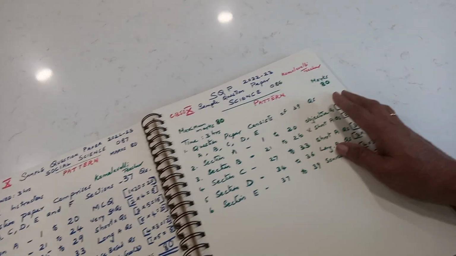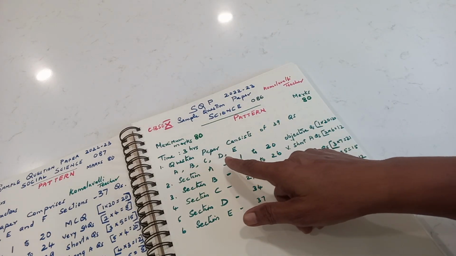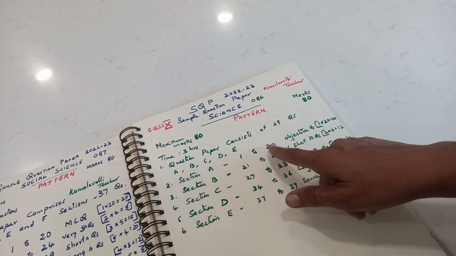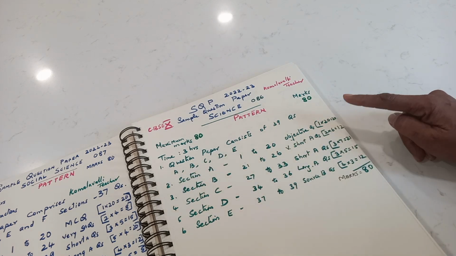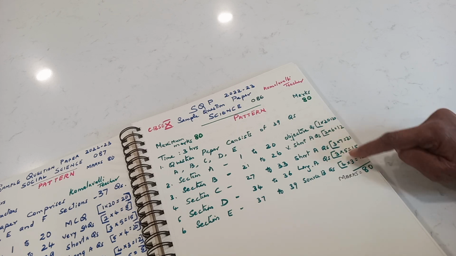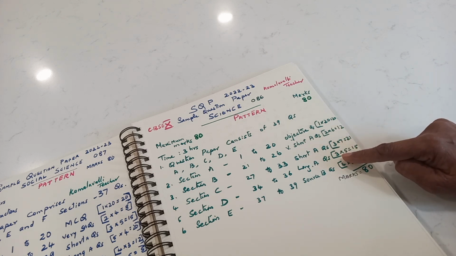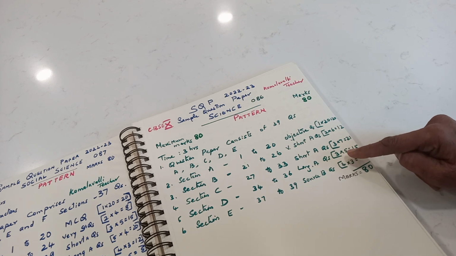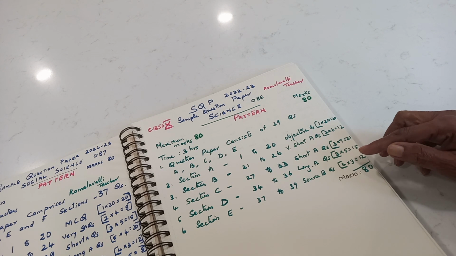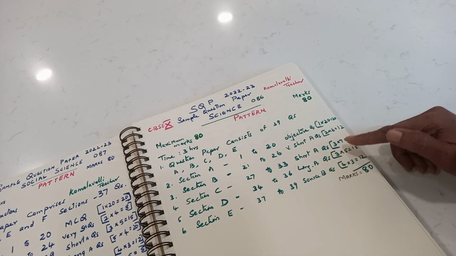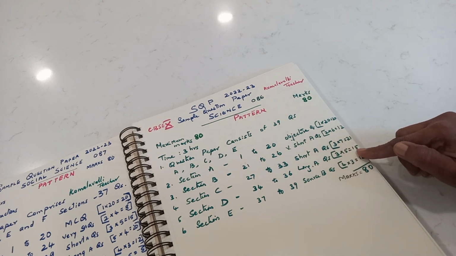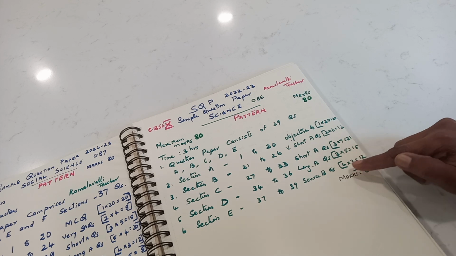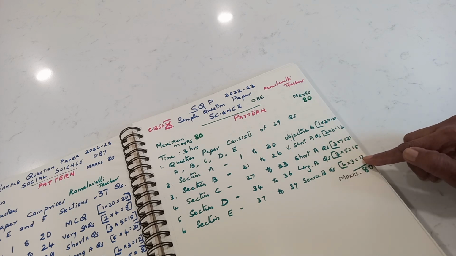Then the science, where instead of F, E is there. In the same way, 1 mark questions 20, 2 mark questions 6, 3 mark questions 7, then section D. Here, 5 mark questions 3, and 4 mark questions 3.